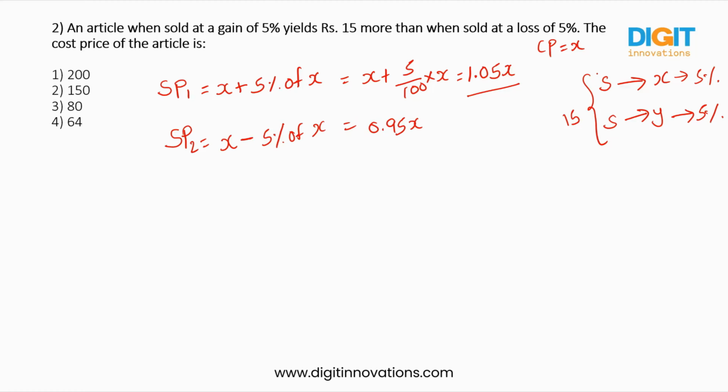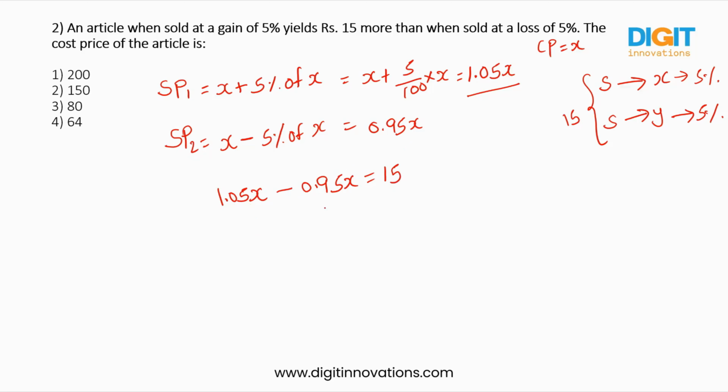So between these two, profit and loss, the difference in selling price is 15. That is the meaning actually. First selling price minus second selling price, when you take the difference between these two, you get a difference of 15.